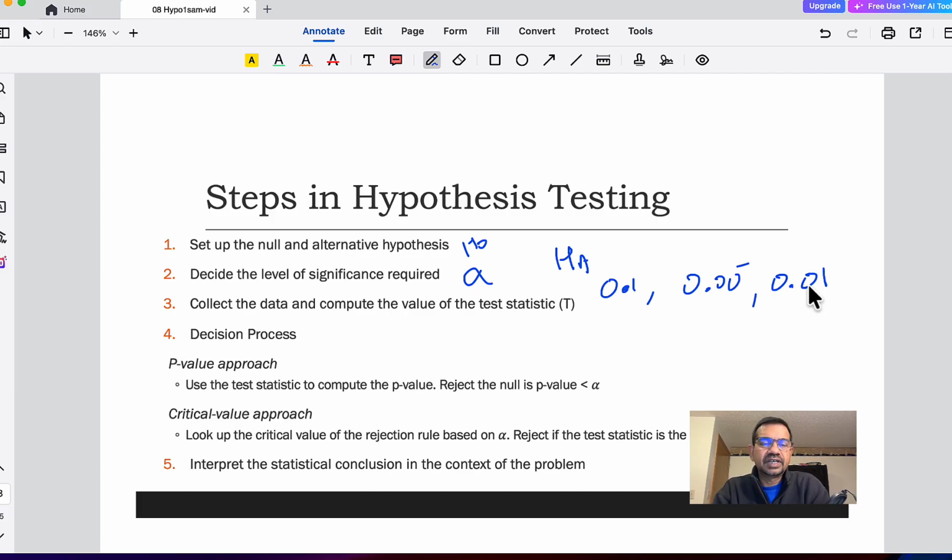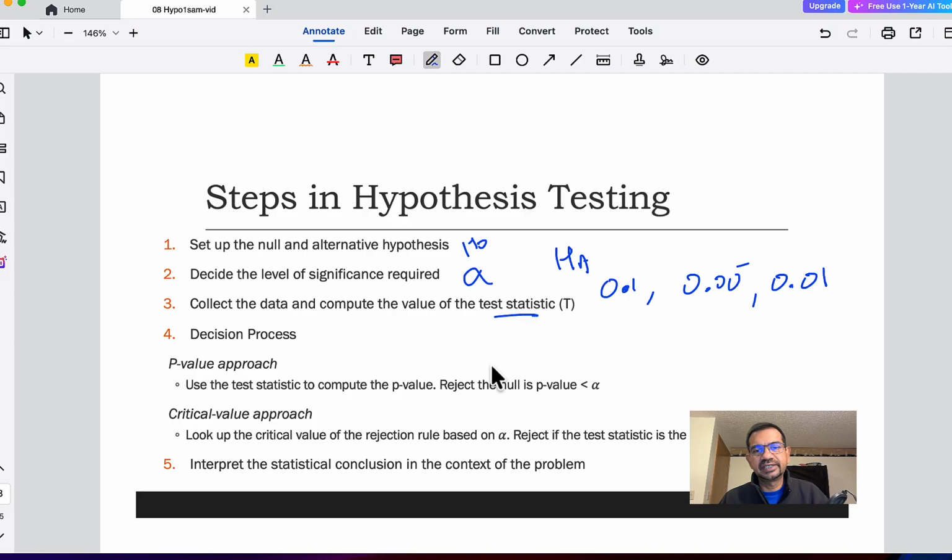Then once we have done these two steps, the next step involves collecting data and then constructing a formula that we call the test statistic. And then we will look at this test statistic, compare it to the probability distribution that we might expect our point estimate of the population parameter to have.